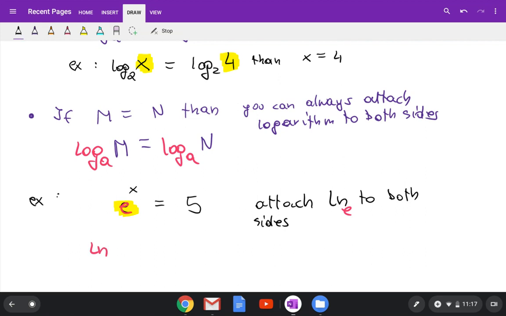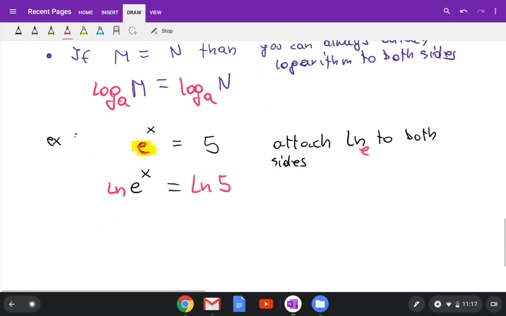I copy this example, e to the power of x equals, and I'm attaching ln to 5. So I'm using that one-to-one property. Now I'm showing you something we're going to study very soon. Why did I attach ln? Because look what happened. The base of ln is the same as the base of my exponential expression, so they will cancel, and we will end up with x only.